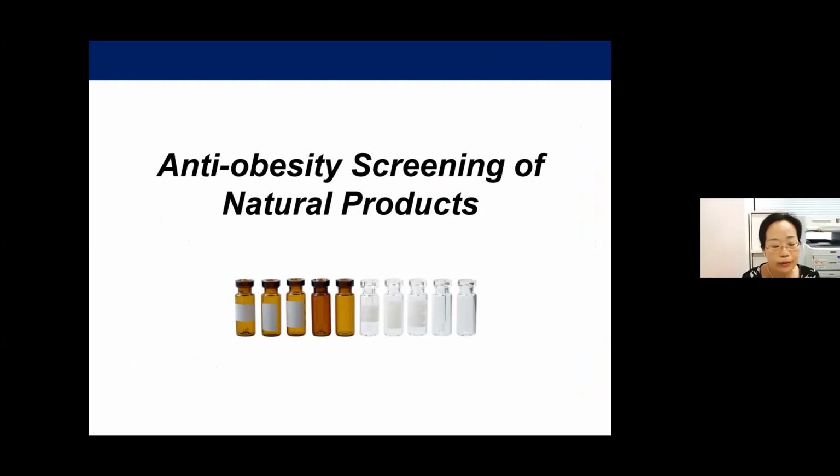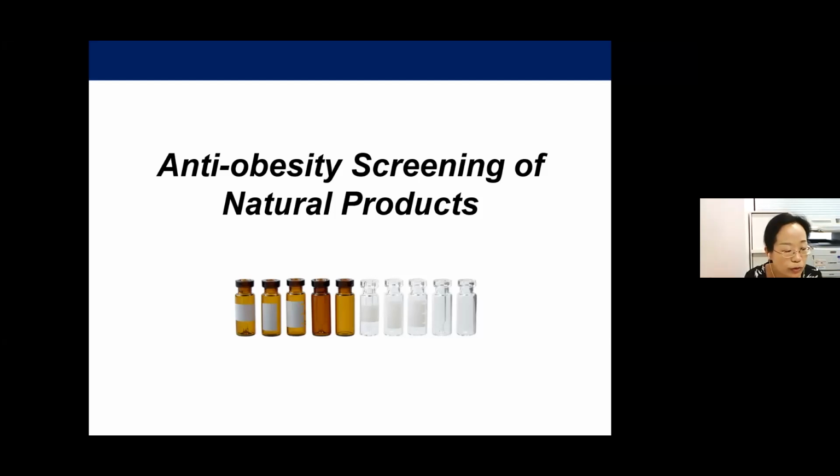So now we have two obesity models using zebrafish larvae and adult zebrafish. For one sample's evaluation of the anti-obesity functions, we use the adult zebrafish. We will spend 3 or 4 weeks. So if we have a library of test samples, how can we do it?